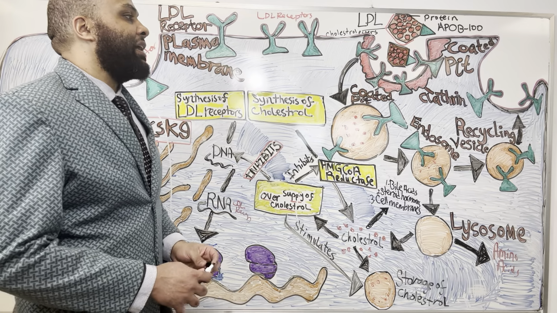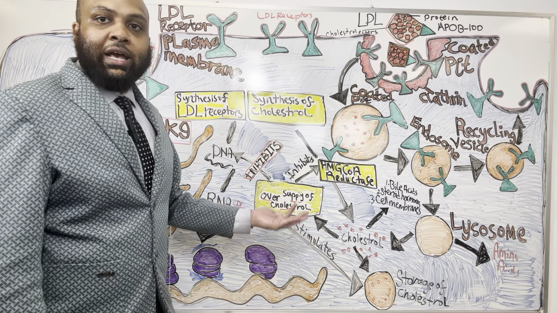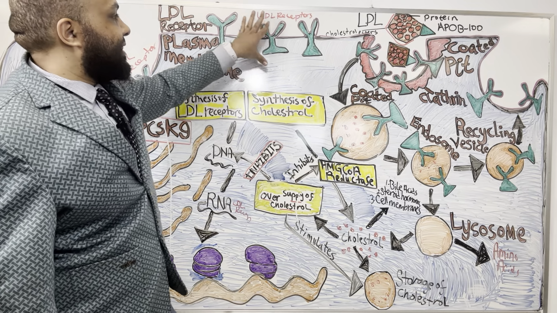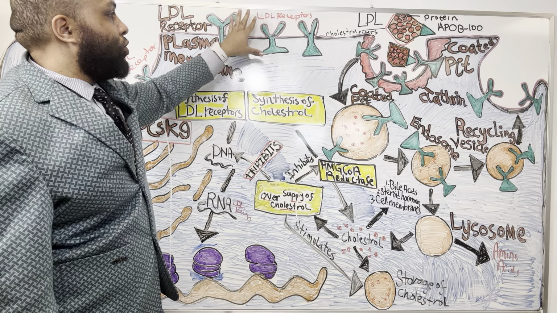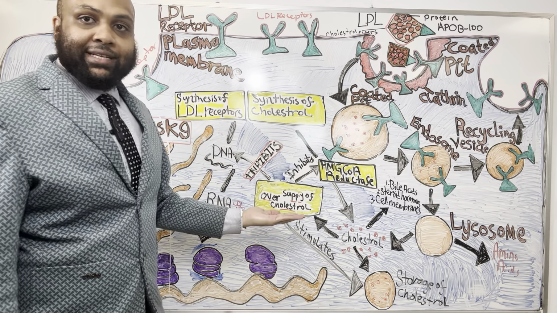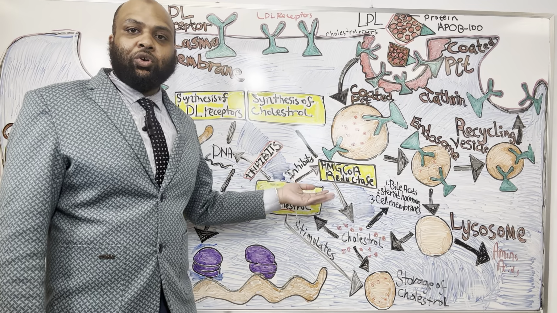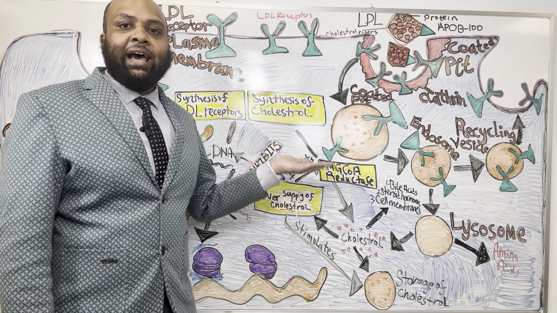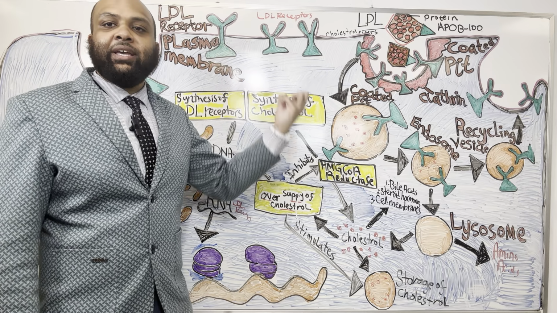So that means if the cell has already too much cholesterol, the cell will deactivate the synthesis and the making of LDL receptors so that no more LDL is needed inside the cell. Imagine there is already too much cholesterol inside the cell, and the cell keeps on making more LDL receptor. Receptor means bringing in.